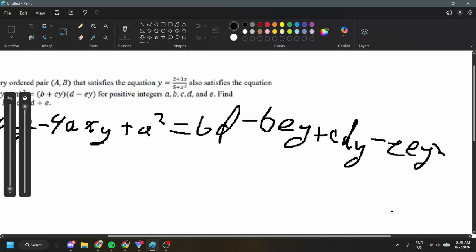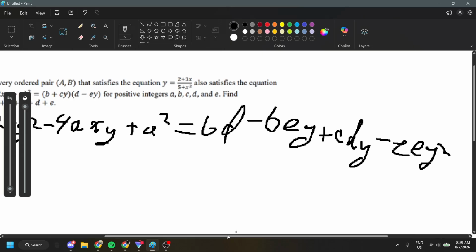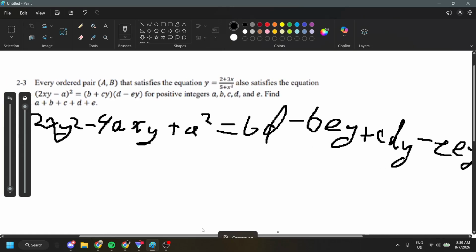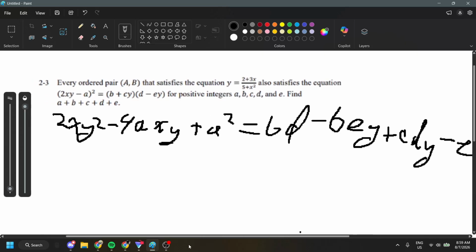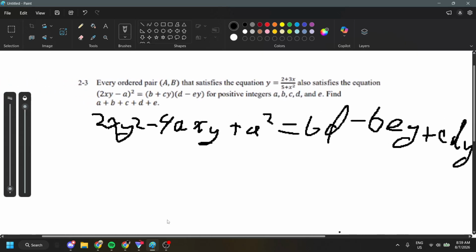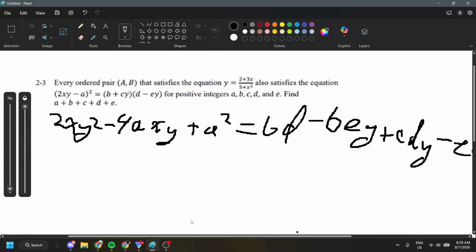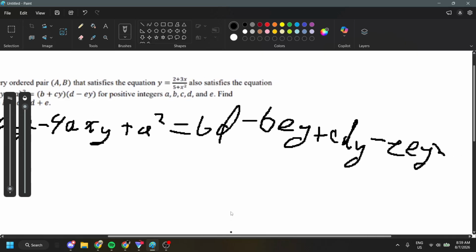So the thing is here we have both y and y squared, so that kind of sucks. Can we even isolate y? Do we have to use the quadratic formula maybe? I think that might be the way.